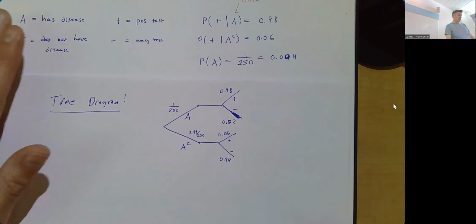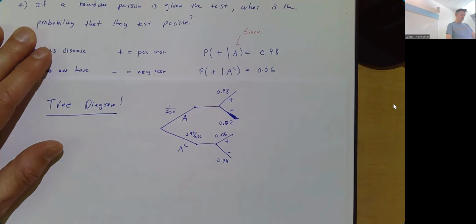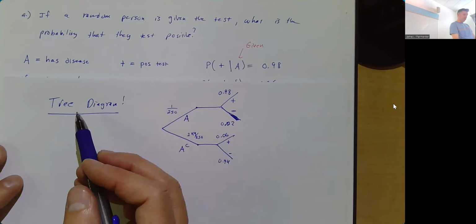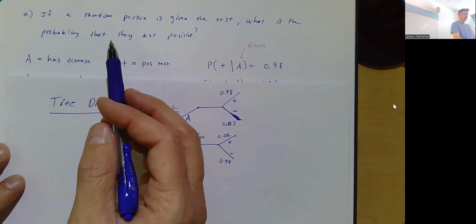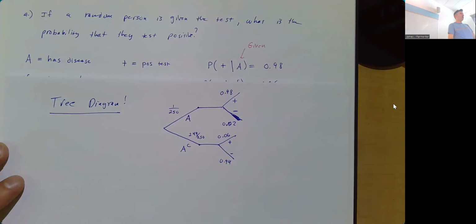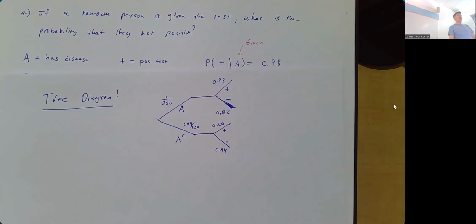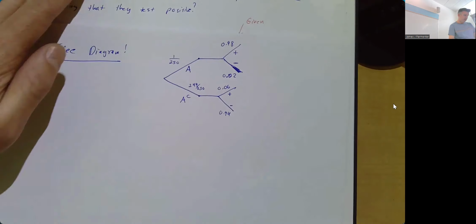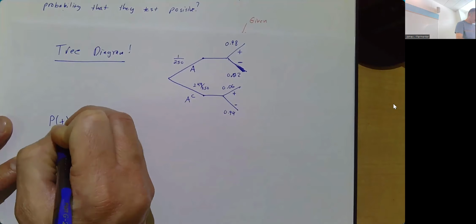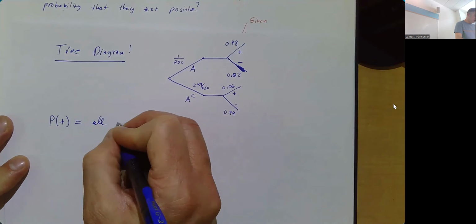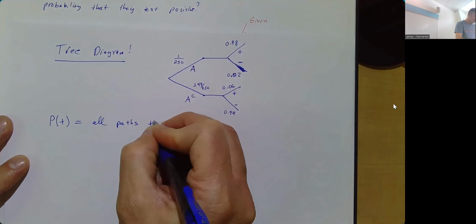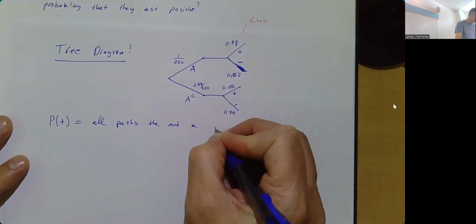Okay, now to answer the question, which I know you can't see anymore. If we pick someone at random, what is the probability that they test positive? Well, I want to find all the paths that get me to positivity. So the probability of testing positive is equal to all the paths that end in positivity.